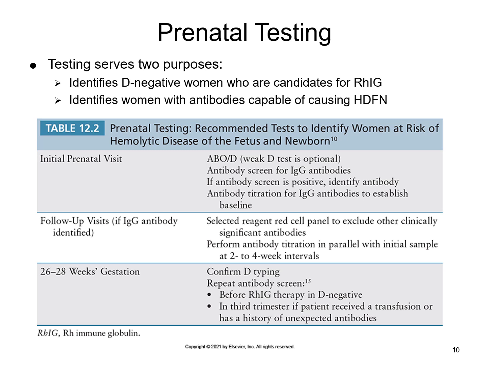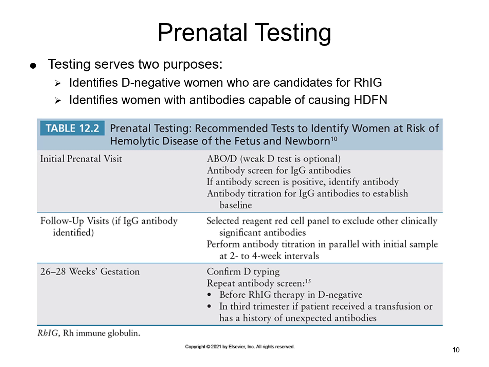Now, at follow-up visits, if mom has been determined to be Rh negative or to have an antibody, then what you're going to do is look and see if any new antibodies have been formed, and look at that specific antibody to see if it has increased in strength in any fashion.